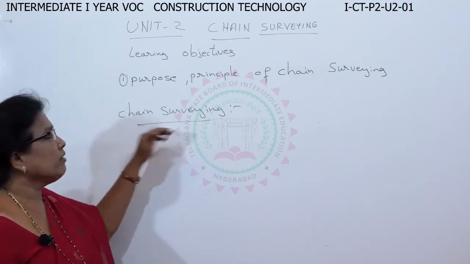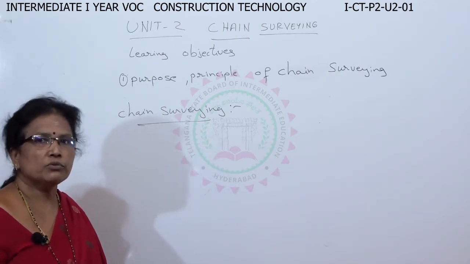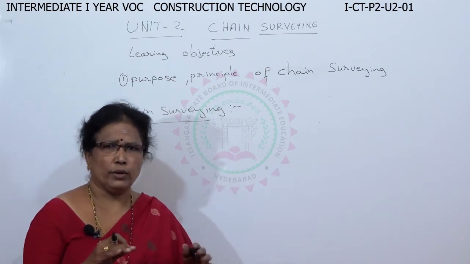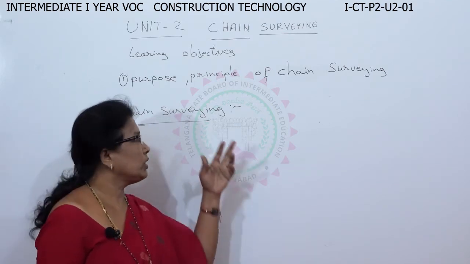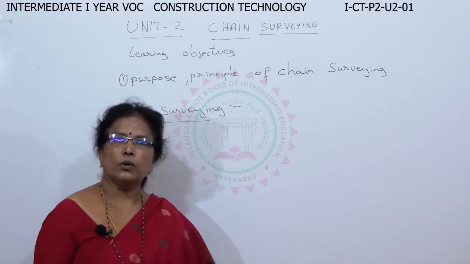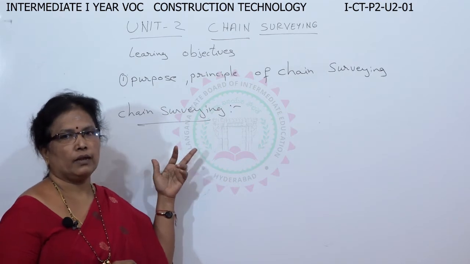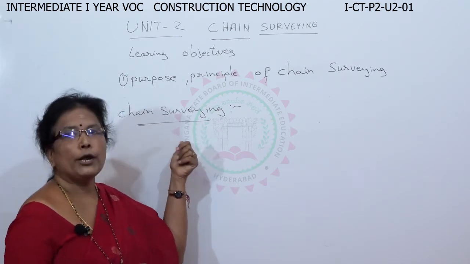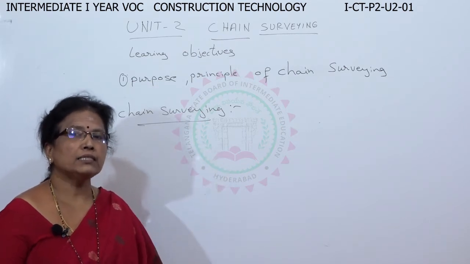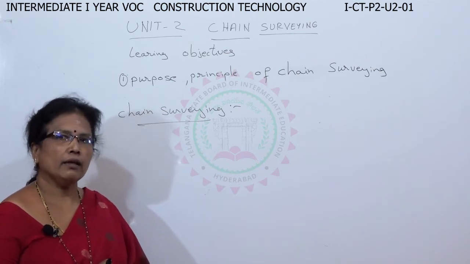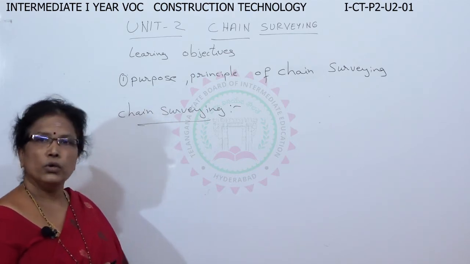Now, in which situations are we going to use this chain survey? When the area is flat, when the ground is plain, we use the chain survey, and it is only done in small areas. It is only applicable for small areas, and this is also adopted when large scale mapping is required. So, these are the three situations where we use a chain survey.